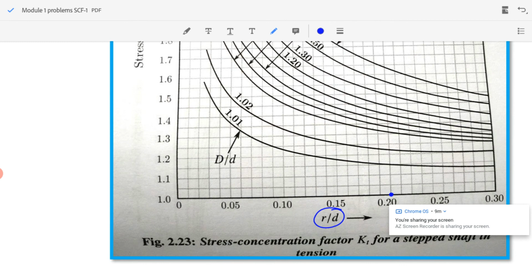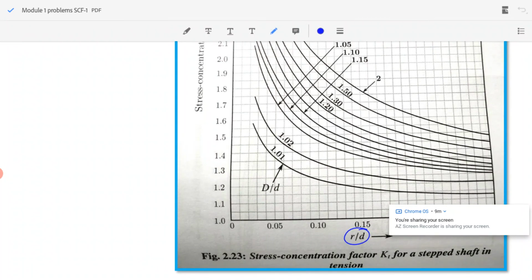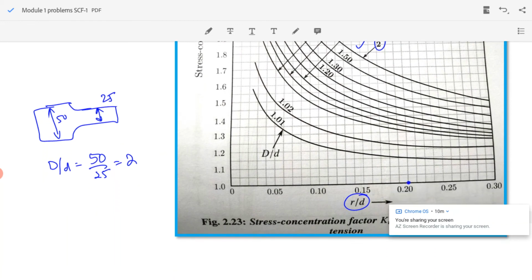Now we have a number of curves corresponding to different values of capital D by small d. Capital D was 50 mm and small d was 25 mm. So capital D by small d equal to 50 by 25 equal to 2. So among these, this curve matches our problem. Now the step is very simple.